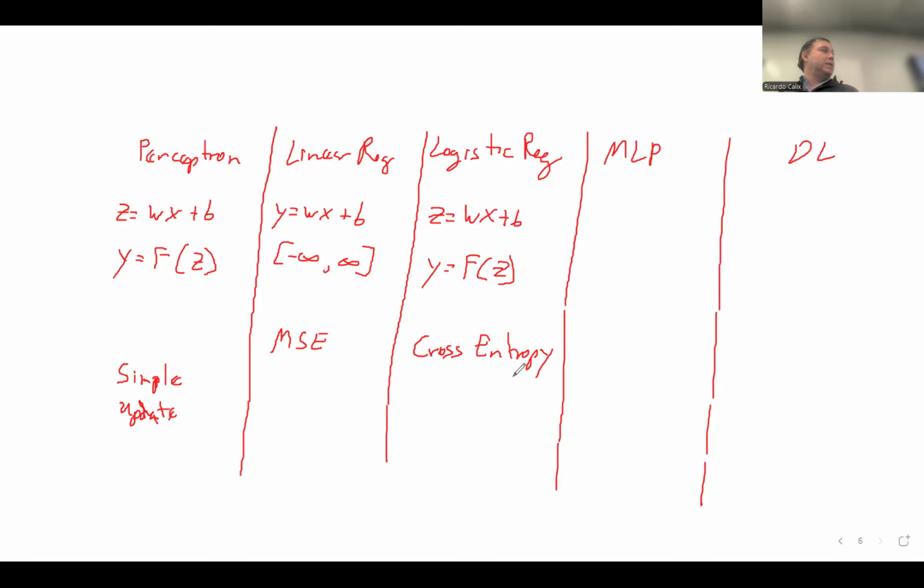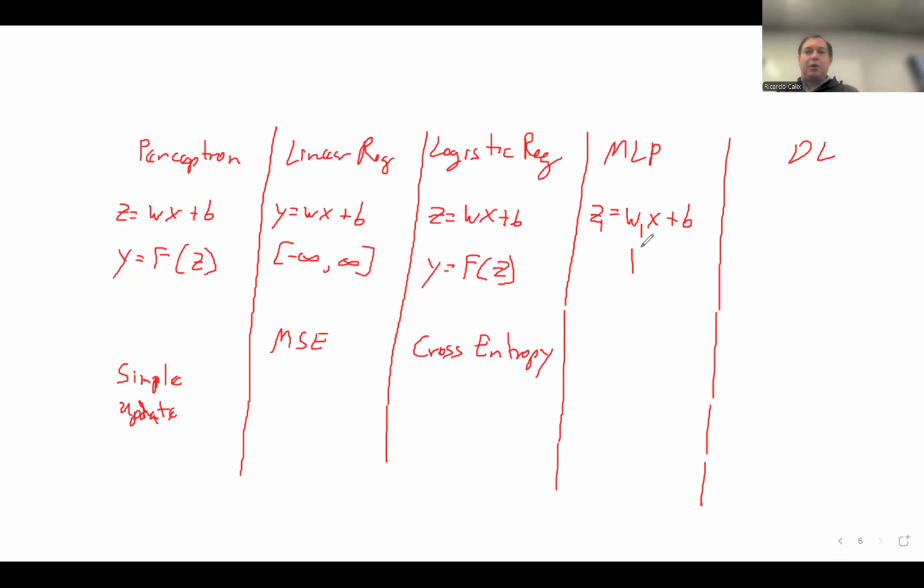Then we have the multi-layer perceptron, so that's going to be Z1, which is equal to W1 times X plus B1.